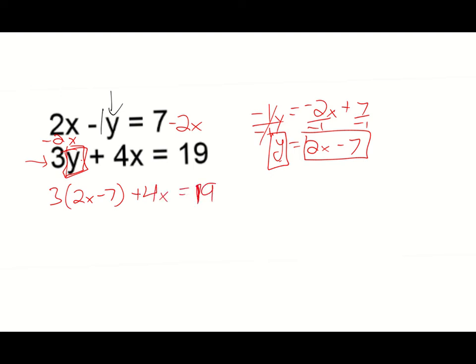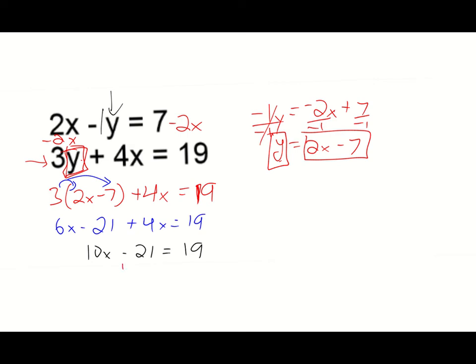The rest is the same as before. We have to distribute, add like terms, and solve for x. So this is 6x minus 21 plus 4x equals 19. We need to add like terms, so 6x and 4x is 10x minus 21 equals 19.